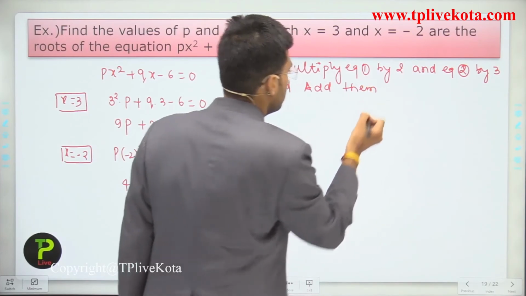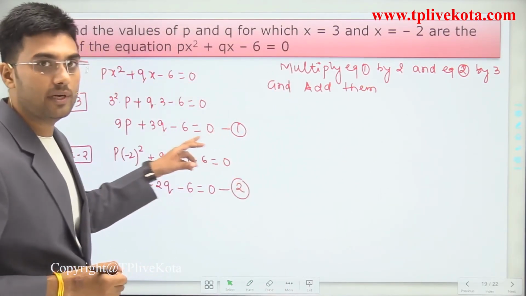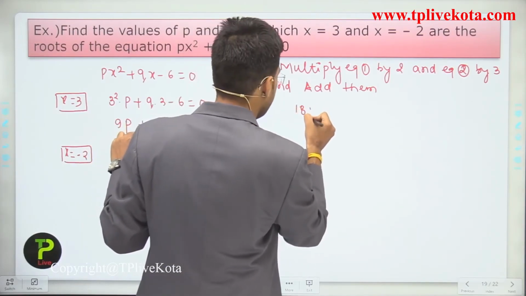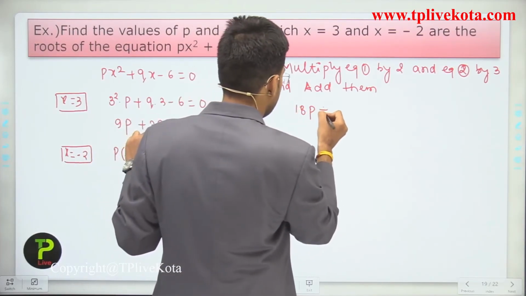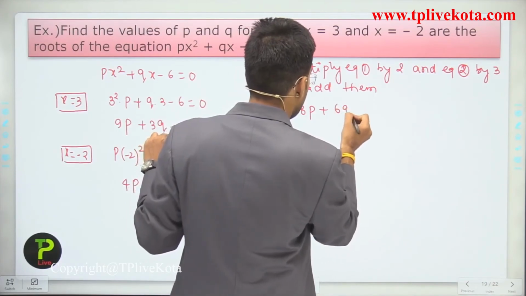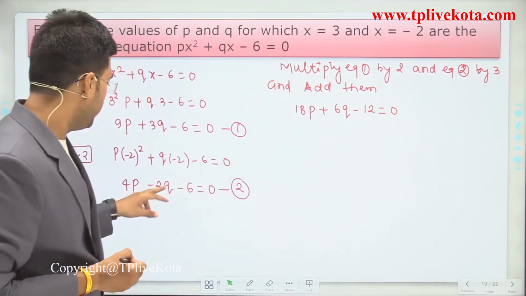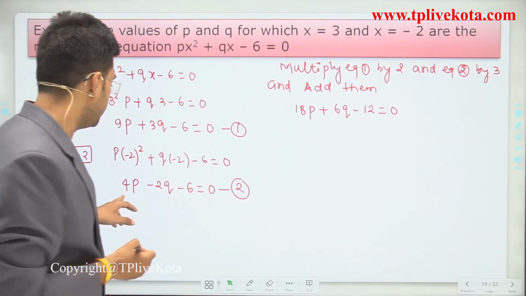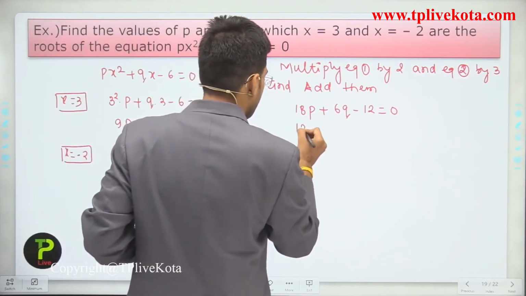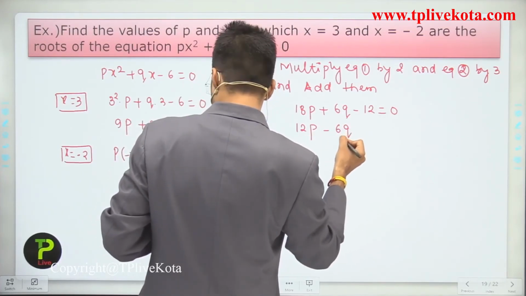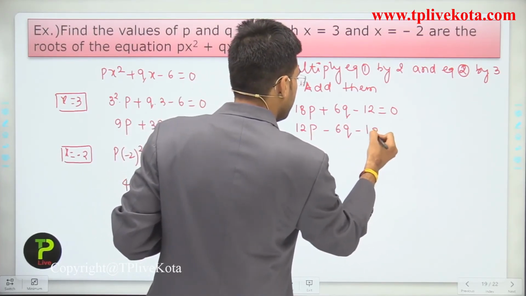First let's multiply equation 1 by 2. Then what will we get? 18p plus 6q minus 12 equal to 0, and when we multiply equation 2 by 3, it is 12p minus 6q minus 18 equals 0.